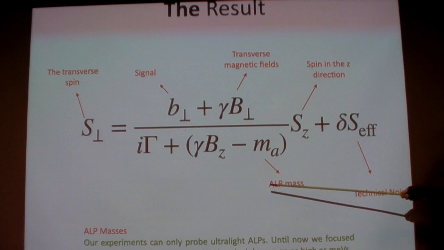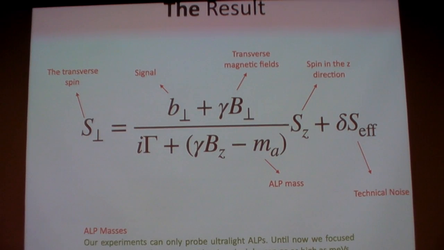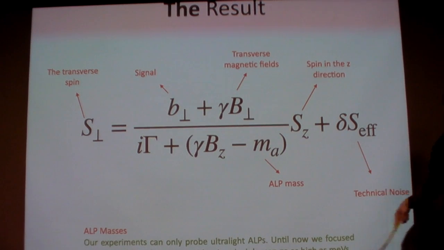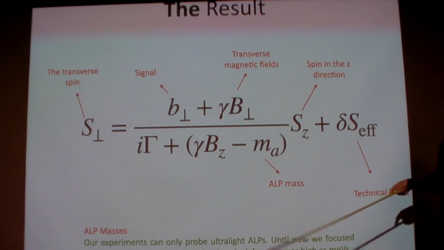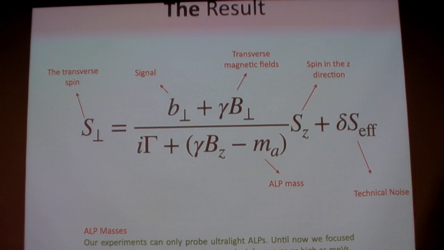The next term that we have is the axion-like particle mass. Why is it here? Well, the reason is our original equations were essentially a driven harmonic oscillator, okay? And the driving frequency was the mass of the axion-like particle, or the energy to be more generic. But they are not relativistic, so it's very close to the mass.